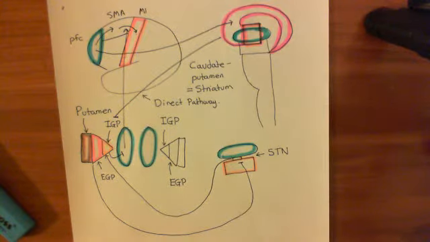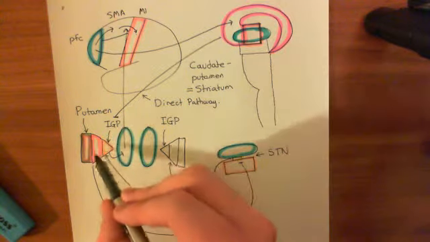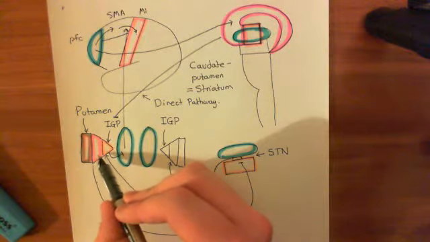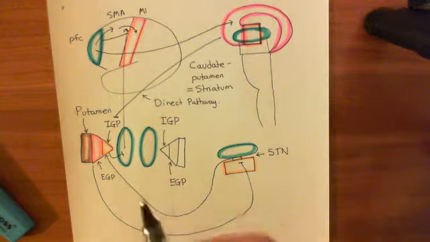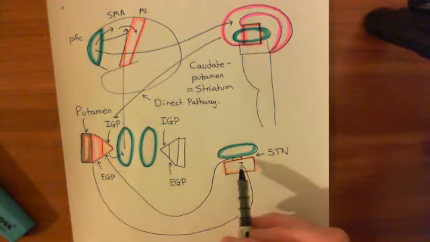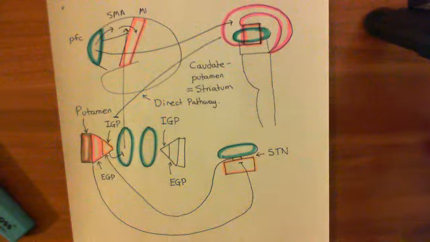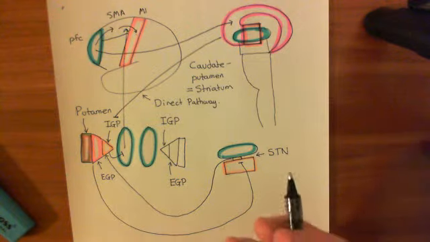Now, the external globus pallidus, here in pink, actually does inhibit the subthalamic nucleus. But usually, the caudate putamen is inhibiting the external globus pallidus. So let me say this again. The external globus pallidus inhibits the subthalamic nucleus, which effectively stops motor plans from going from the supplementary motor area to the M1.